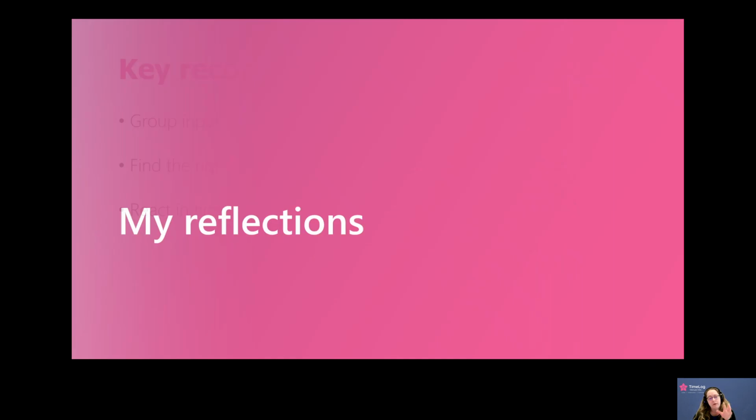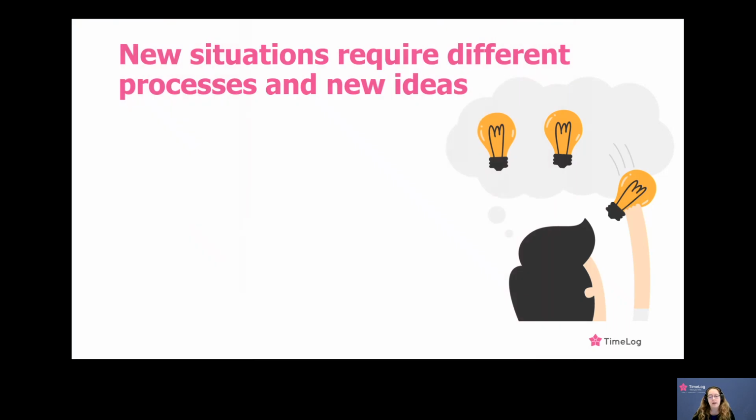I also want to share some of my reflections because after I handed in, I got a lot of new ideas. A lot of things went through my mind working with this. And when you are in a place where things change, you also need to change your processes and maybe come up with new ideas to actually make that happen. Some of the things I came up with after the hand-in was to re-implement Scrum.